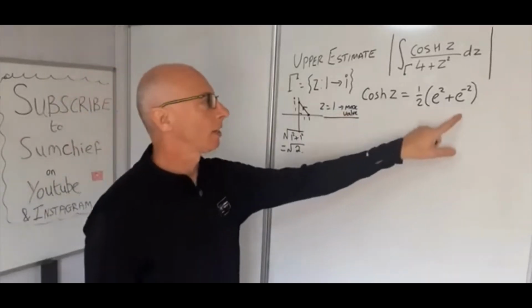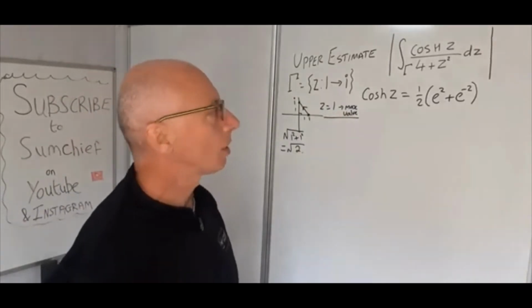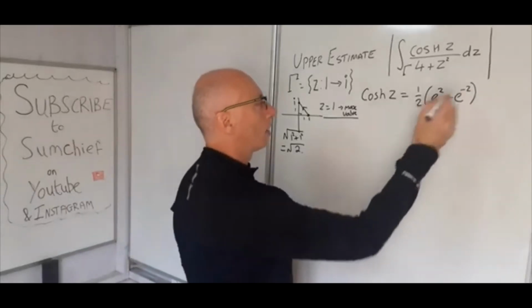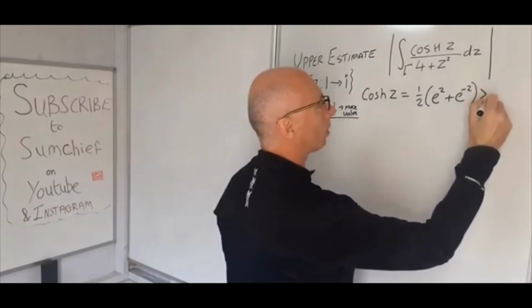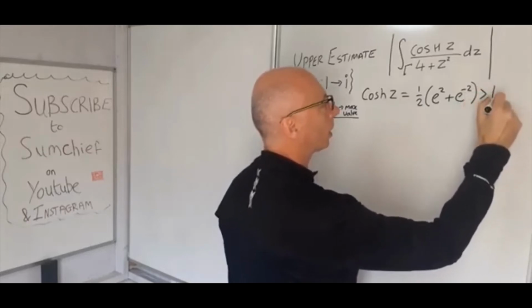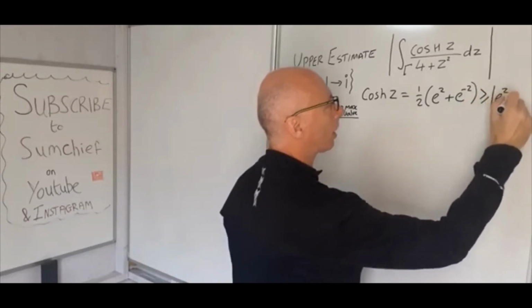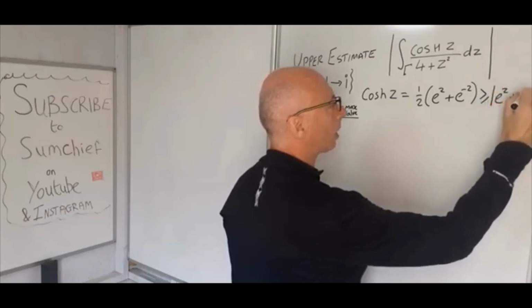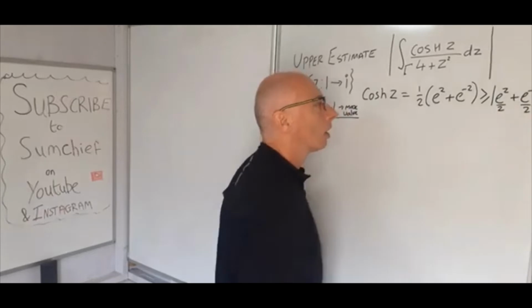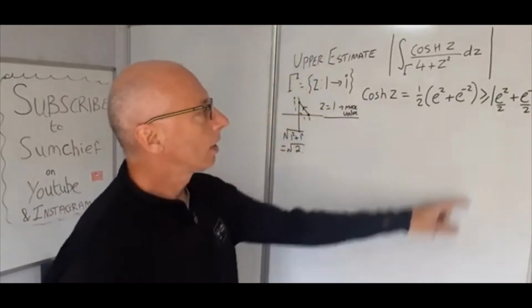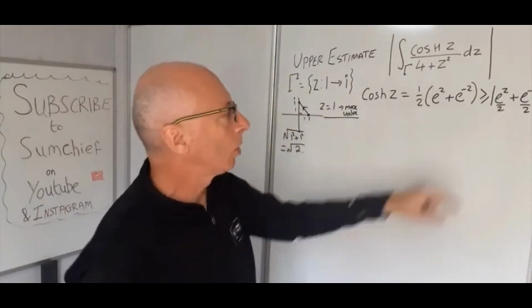Now let's work on this. What we're looking for is the modulus of this as well. So we know that this is going to be less than or equal to the modulus of (e to the z plus e to the minus z) all over 2. Let's work on this modulus a little bit more.